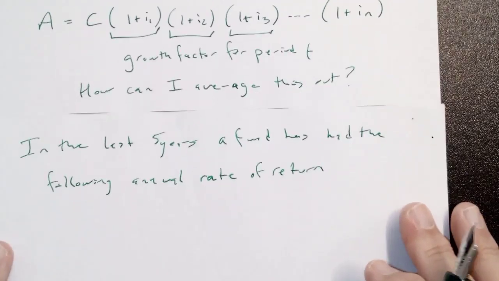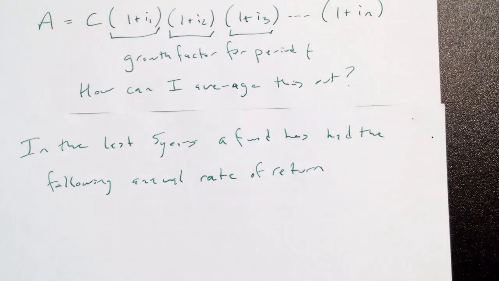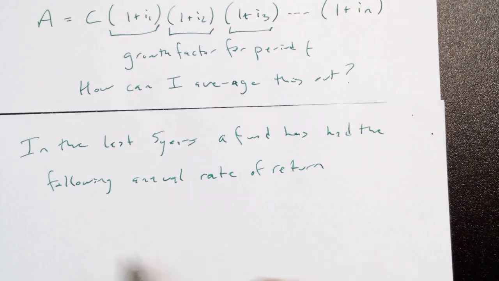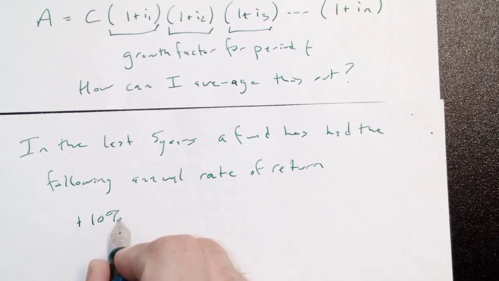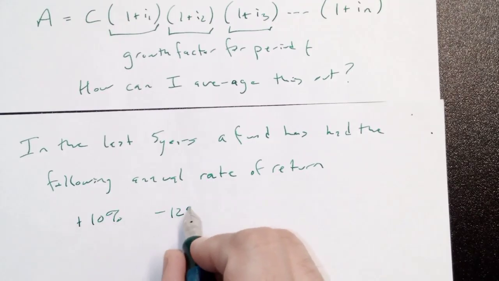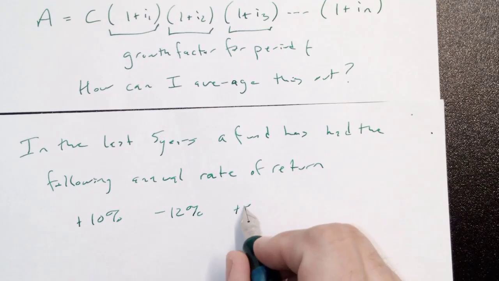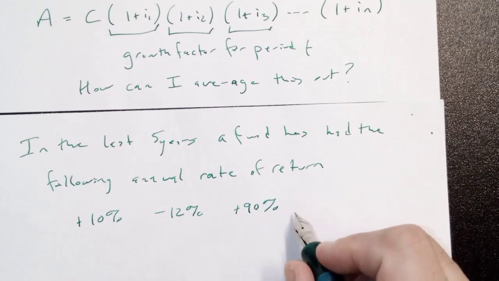Instead of calling it an interest rate, when I think of something like a market fund or a stock fund, we call them a rate of return. So I had a plus 10% year, a minus 12% year, a plus 90% year. Holy crap, something really good happened.